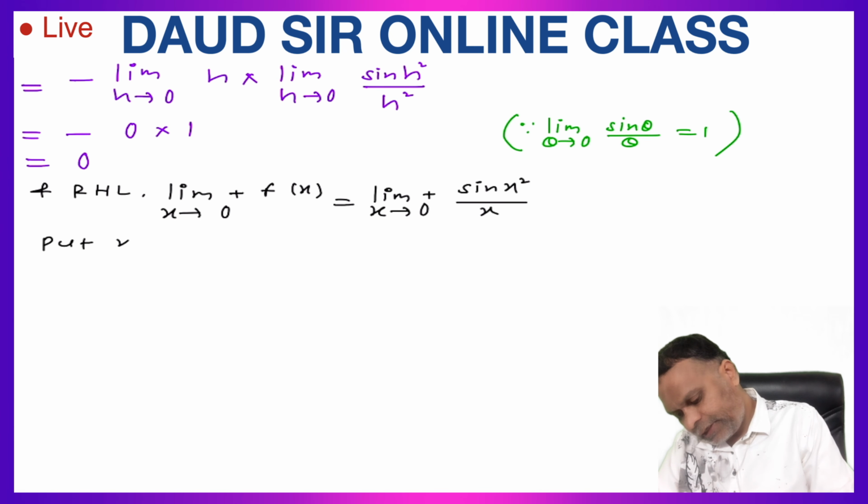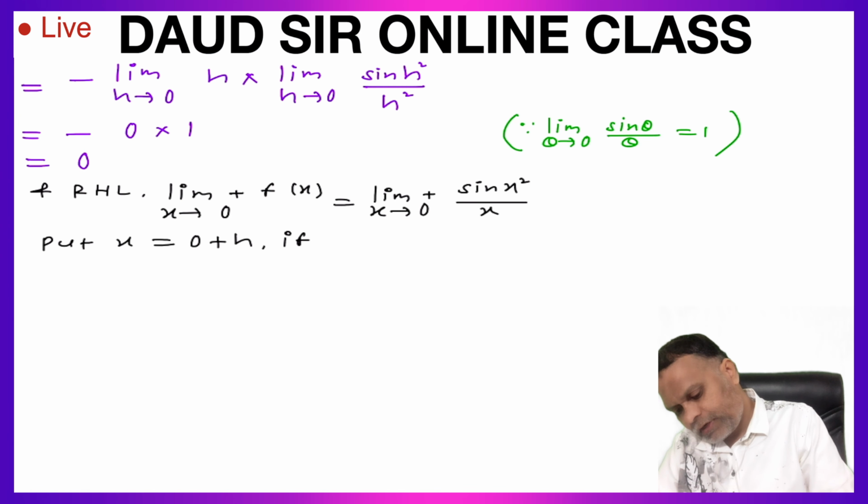Put x is equal to 0 plus h. Change tends to: if x tends to 0, then h tends to 0.